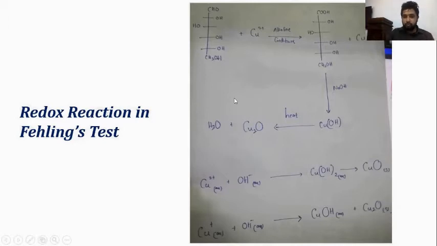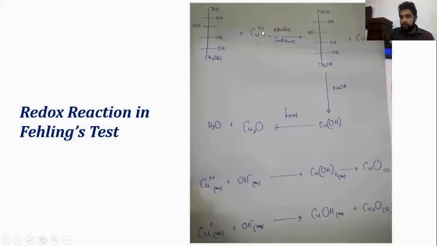Then I was explaining the importance of potassium sodium tartrate. Potassium sodium tartrate can form a complex with Cu2+. When there's excess Cu2+, which happens according to stoichiometry, it can react with sodium hydroxide and form cupric hydroxide.